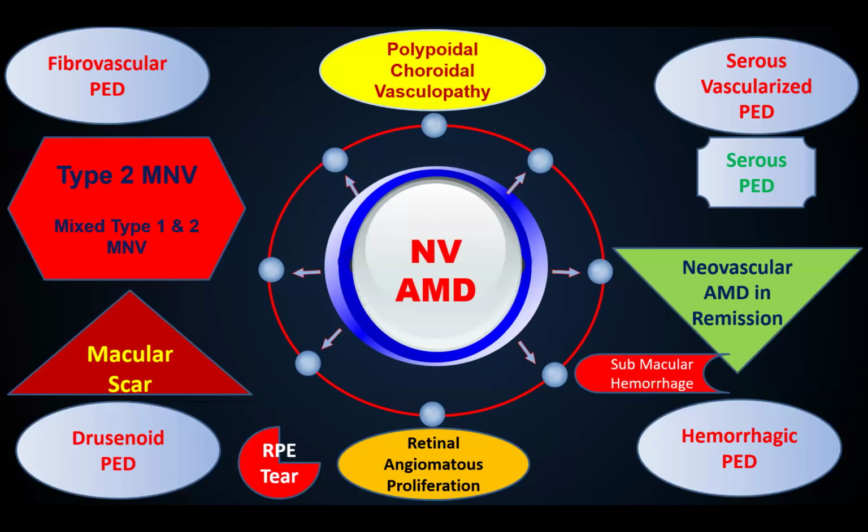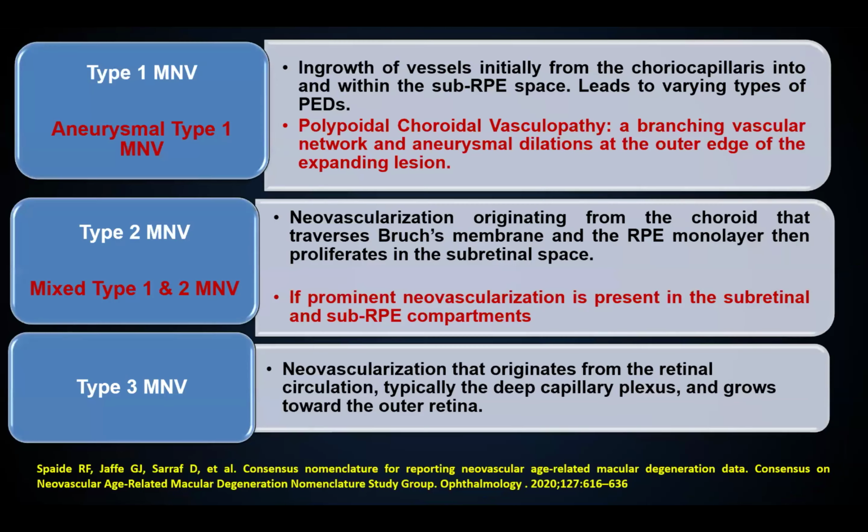Any ophthalmologist involved in the management of AMD will be bombarded with those terminologies, which are proof of the heterogeneity of the disease. So it was necessary and mandatory to finally get a new consensus nomenclature for AMD. And CNV was replaced by MNV.